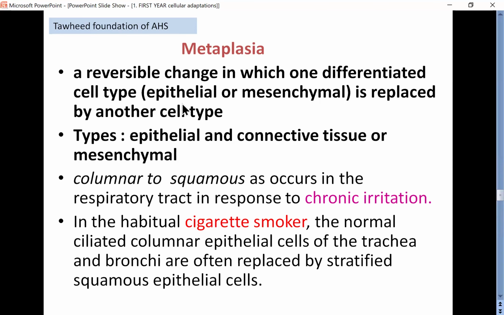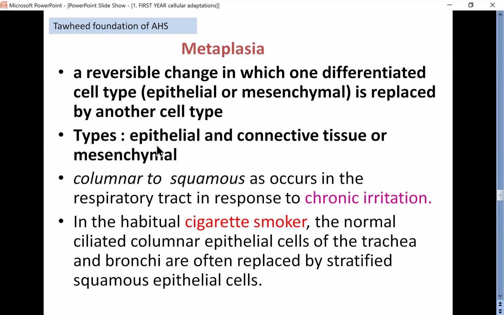One is epithelial metaplasia, and the other one is connective tissue or mesenchymal metaplasia. Let's first see what is epithelial metaplasia. In epithelial metaplasia, one kind of epithelial cells will be replaced by another kind of epithelial cells in some kinds of diseases.